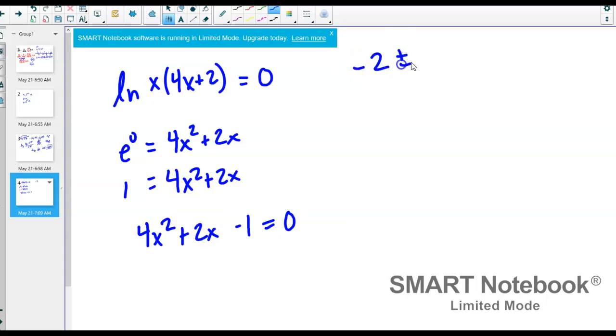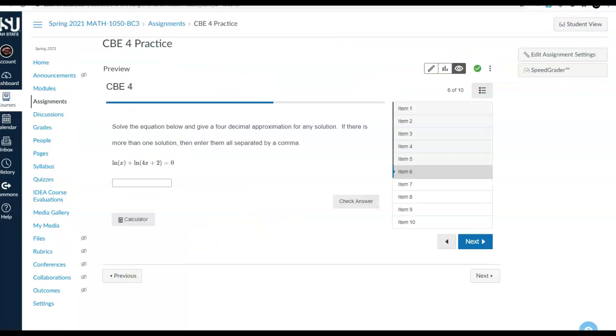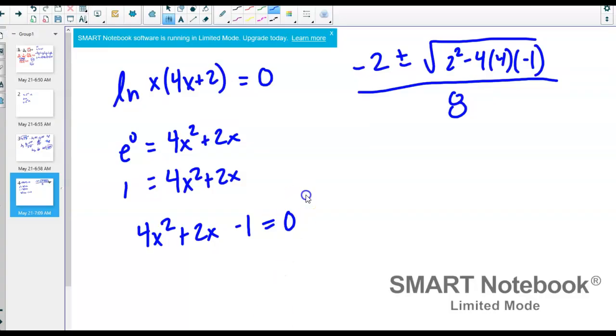So negative 2 plus minus square root of 2 squared minus 4 times negative 1. And then that's going to be all over 2a, which that's going to be 8 at that point. Just going to check if this wants it as approximation. Yeah, it doesn't want it as approximation, so we will. Again, just use your calculator on there, but this is 4 plus 16, so square root of 20, so this would be negative 2 plus minus square root of 20 all over 8.